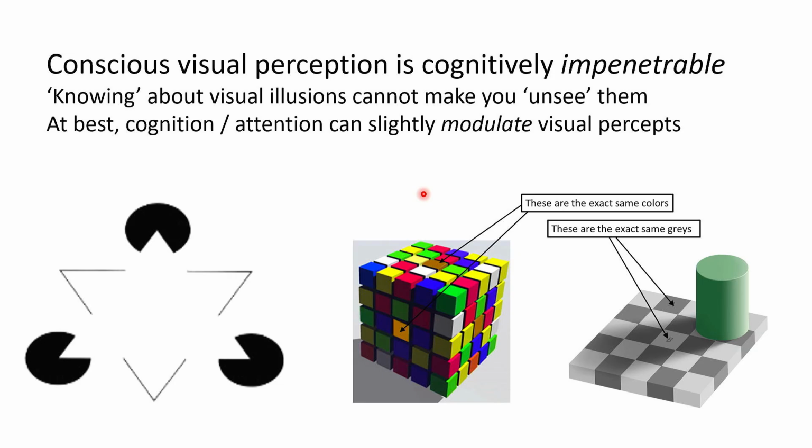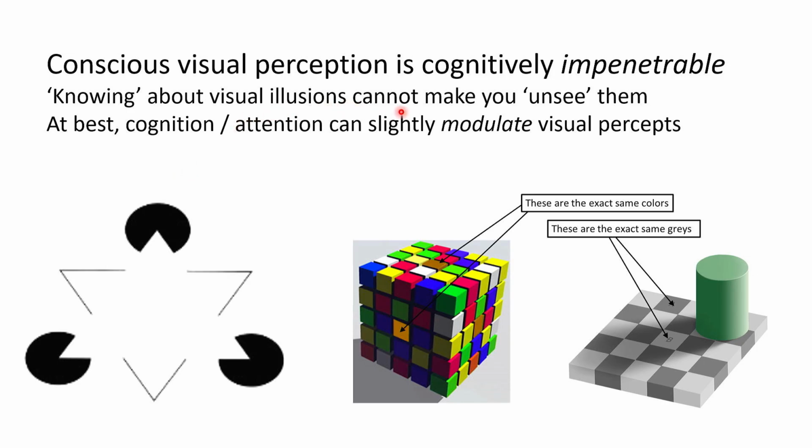Even if you know, because I told you, that these two things are emitting the exact same wavelengths, even on your monitor, and the exact same amount of light, it's still impossible for you to not see this as lighter than this one, or not see this as orange and this as brown, or not see this as a Kanizsa triangle.